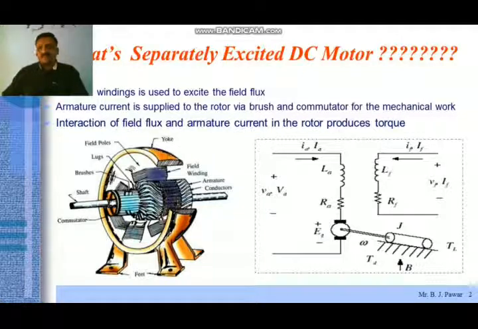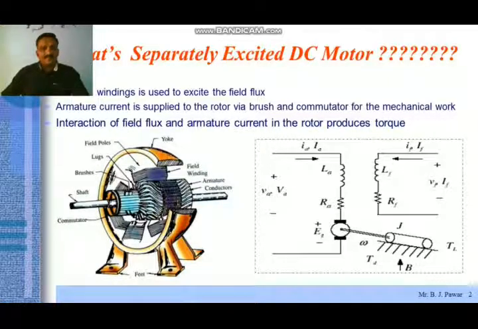We have to create that magnetic field separately, by the application of an external DC voltage source, and that's why it is known as separately excited, nothing else. To generate that magnetic field inside this motor, there are two types of windings.